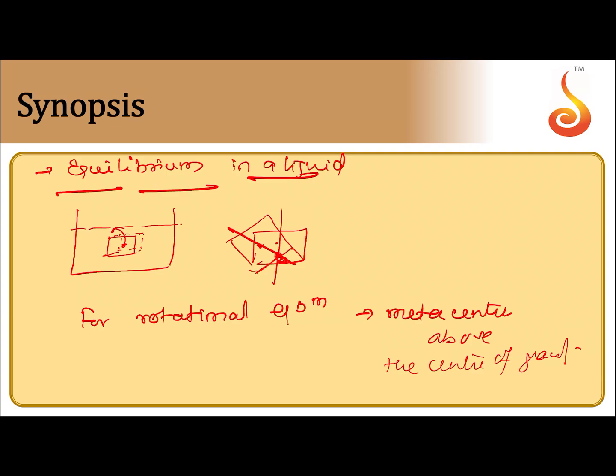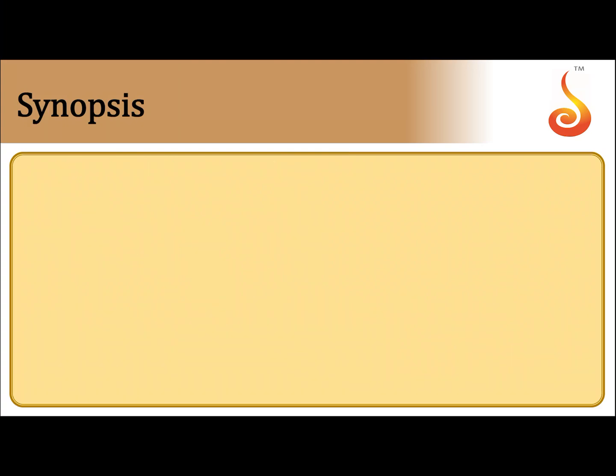So these are some key ideas as far as liquids at rest are considered. The key ideas are very simple. Learn the basic ideas of Archimedes principle and the laws of flotation. Let us now consider the ideas of hydrodynamics, that means fluids in motion.